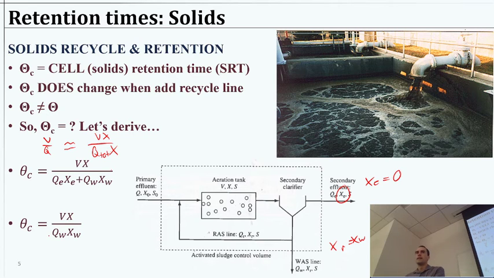Okay, so that equation then is our solids retention time. It will describe the mass in the reactor, the volume times concentration, divided by the flow rate times the mass that's leaving. Okay, so you'll have that equation as well. I wanted to go over where that comes from, and some of the context there.